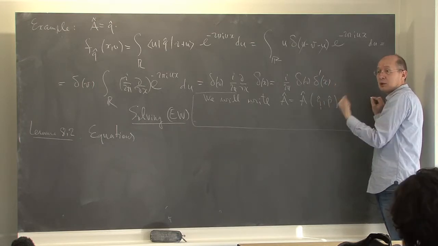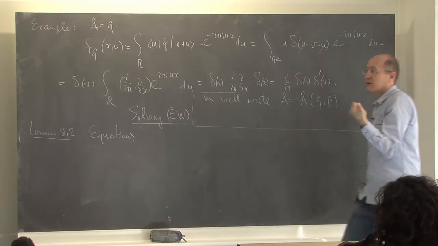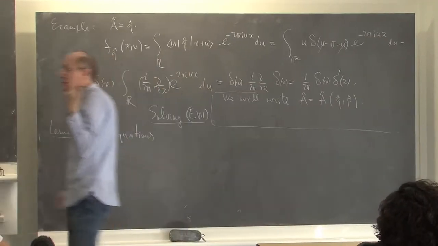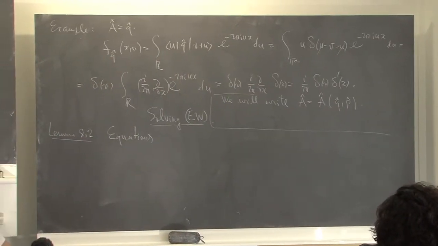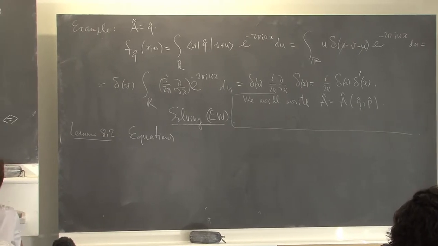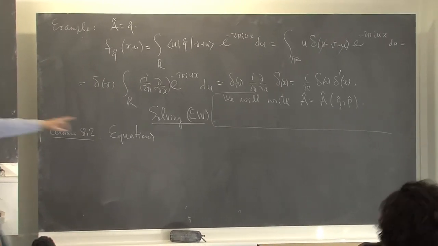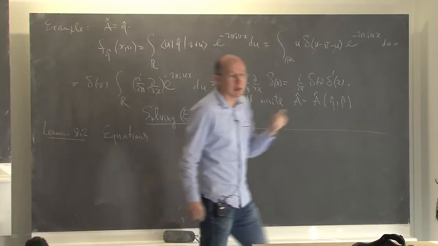And now, why does it suffice to have 4 equations in the system for the operator W?